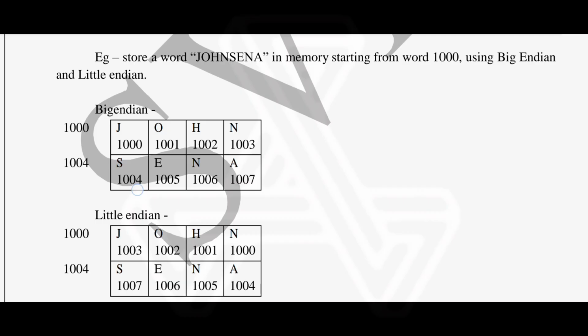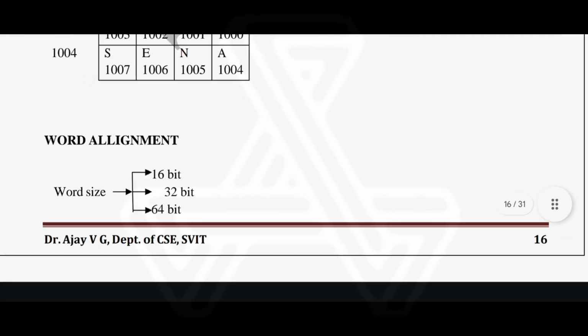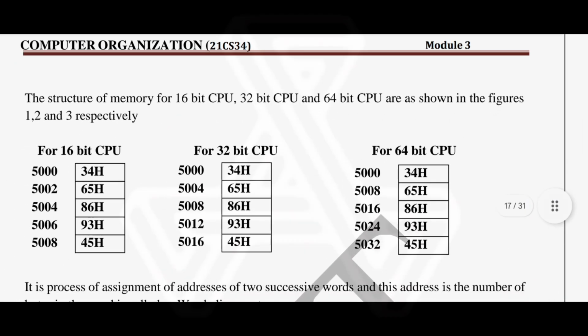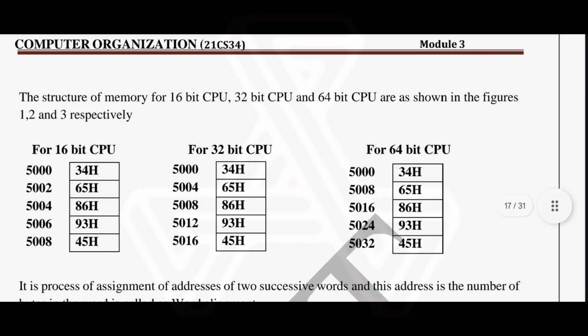Word alignment will depend on word size: 16-bit, 32-bit, 64-bit. The structure of memory for 16-bit CPU, 32-bit CPU and 64-bit CPU are as shown in figures 1, 2 and 3 respectively. For 16-bit CPU, the addressing will be 5000, 5002, and the data are 34H, 65H, 86H.